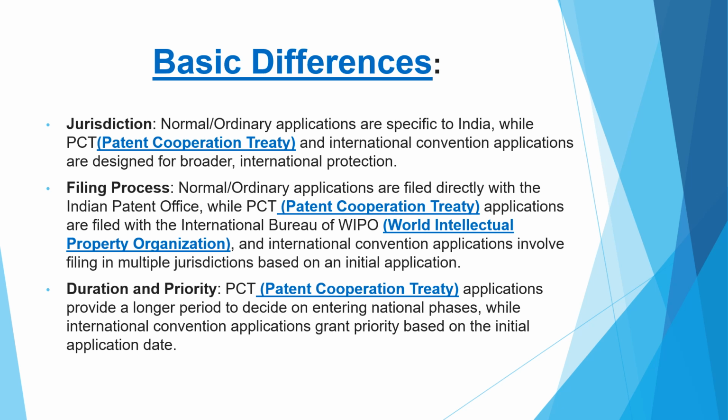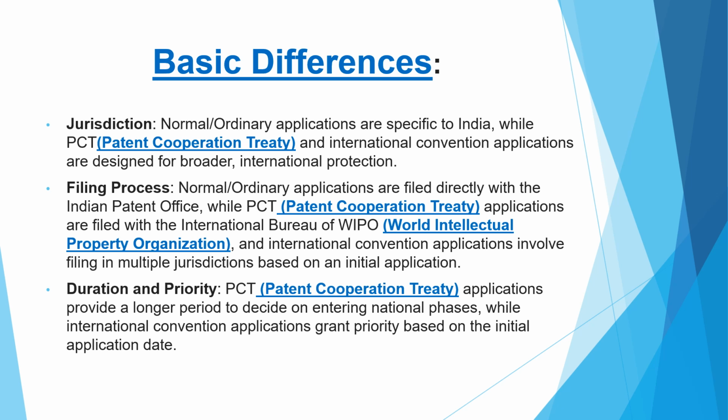And the international convention application involves filing in multiple jurisdictions based on the initial application. So here you have to file in specific countries individually for getting protection in those jurisdictions. In a PCT application also, you have to file individually in all the countries where you want protection. But here, what is that?